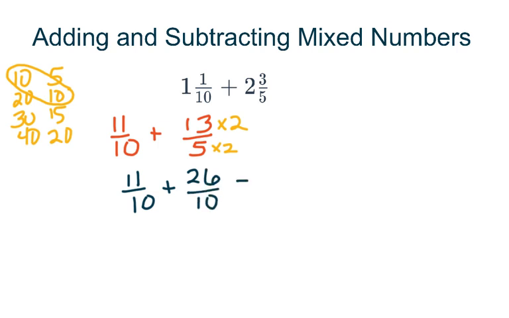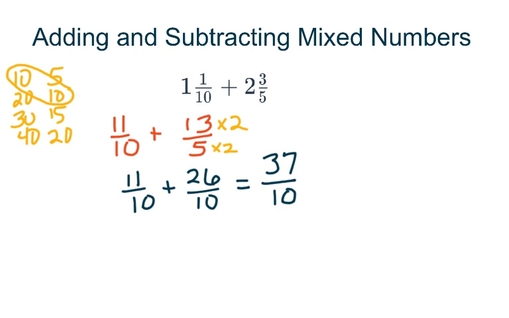Once we have a common denominator, that denominator stays the same, and we're just performing the operation at the top. So we're doing 11 plus 26. 11 plus 26 is 37. So this is 37 tenths.